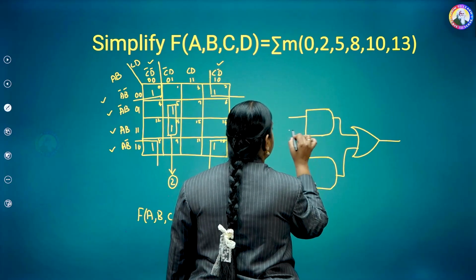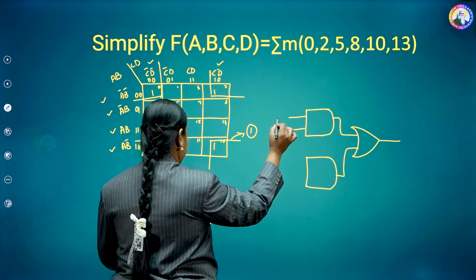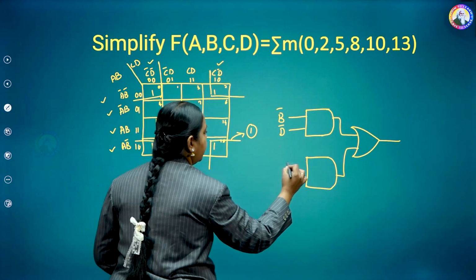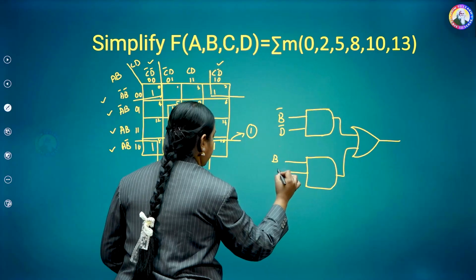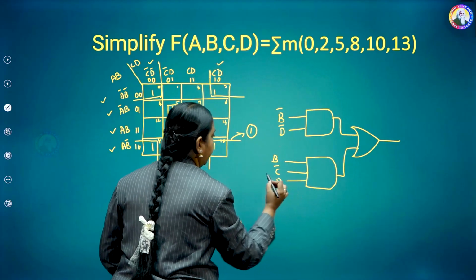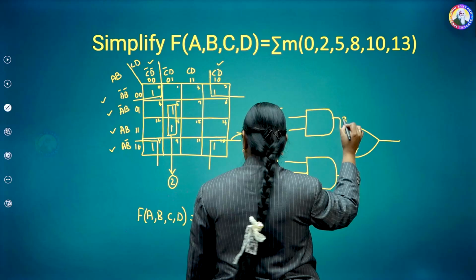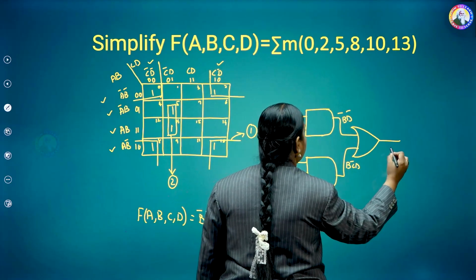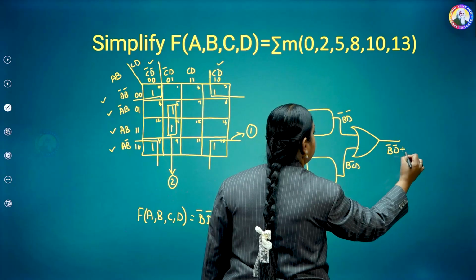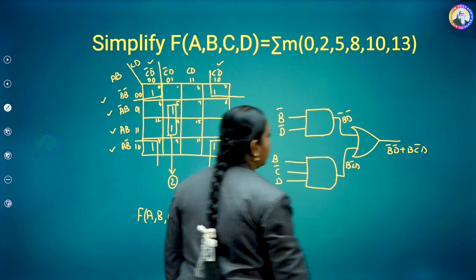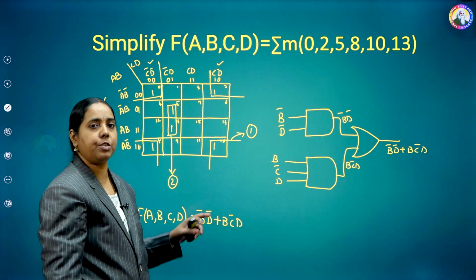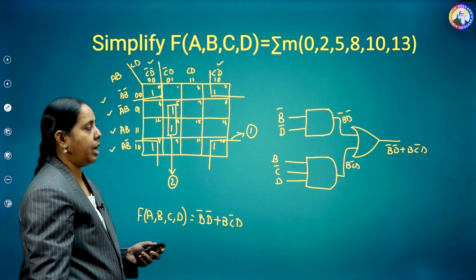The first AND gate represents the first term, that is b bar d bar, and the other is b c bar d. So b bar d bar plus b c bar d. This is the simplification and implementation using logic gates for the 4 variable K-map.